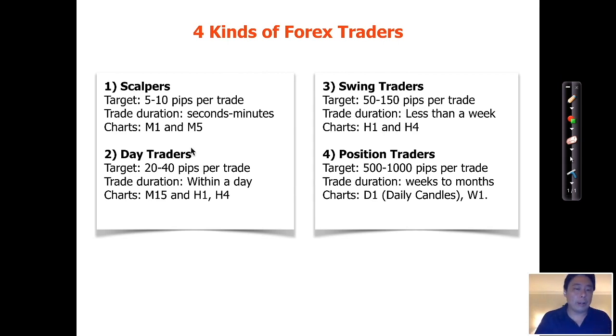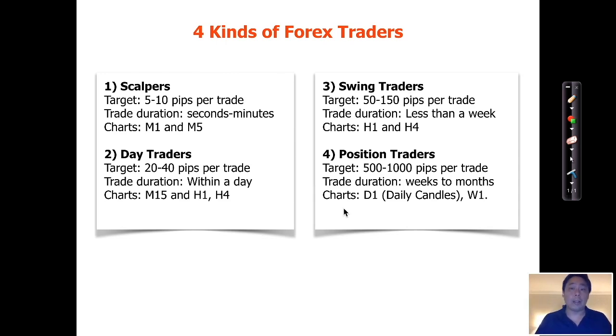Next, you've got day traders. Day traders, as the name implies, buy and sell within the day. The trade rarely passes over to the next day. By the end of the day, they close the trade. Normally, day traders would do maybe 2-3 trades a day, whereas swing traders take about a couple of days to close a trade, so they may not take as many trades.